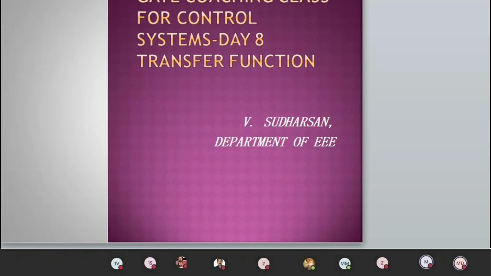I told you already that transfer function is a very important concept in control systems. The ultimate goal of mathematical calculation in several units is to determine the transfer function. And never forget the definition: transfer function is defined as the Laplace transform of the output variable to the Laplace transform of the input variable at zero initial conditions.